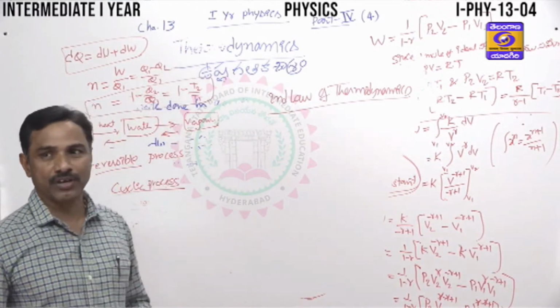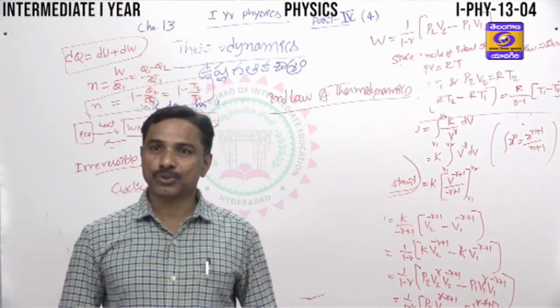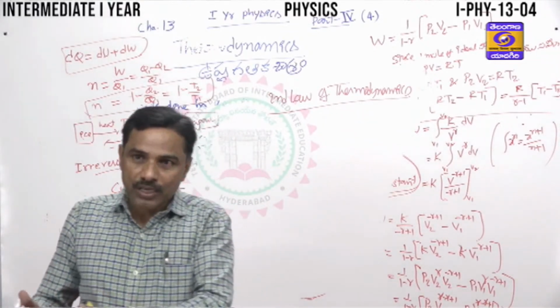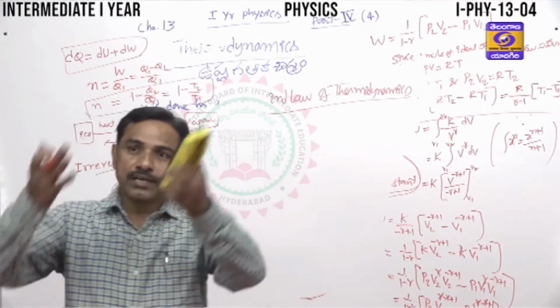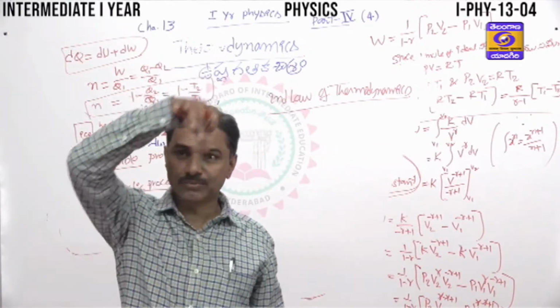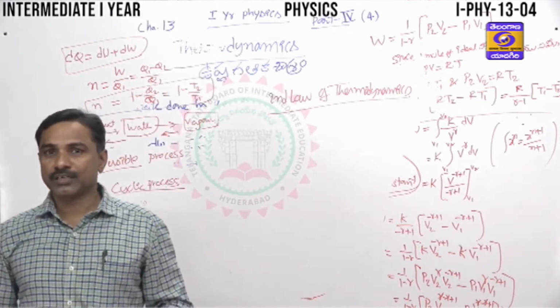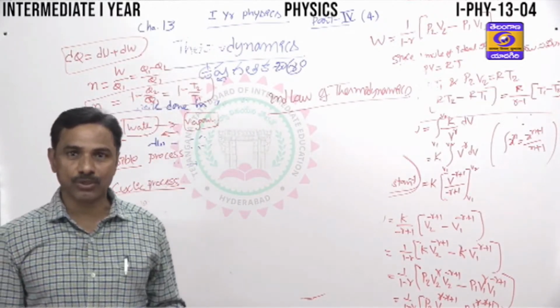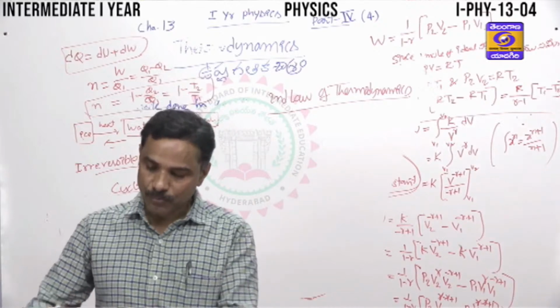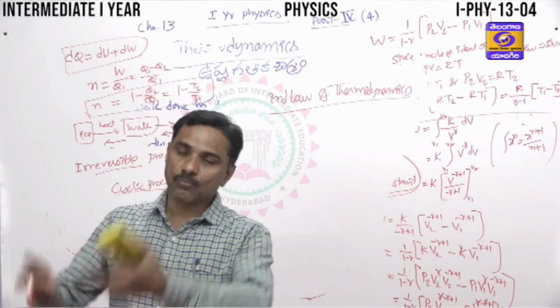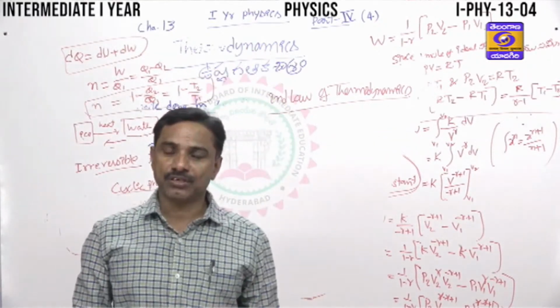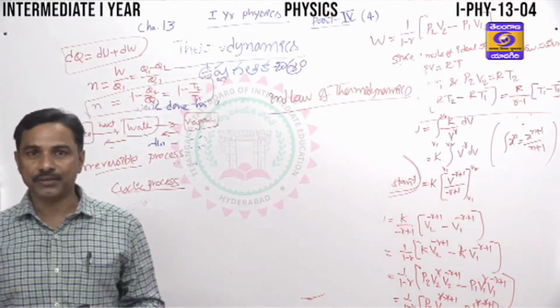Clausius statement, in a simple way: it is not possible to transmit heat from a body at lower temperature to a body at higher temperature. But the reverse is possible. From higher temperature to lower temperature, you can easily transmit heat. It is not possible to transmit heat energy from a body at lower temperature to a body at higher temperature without external aid.